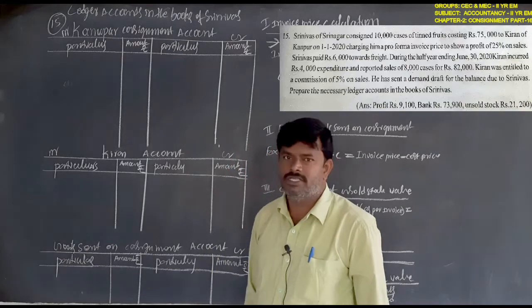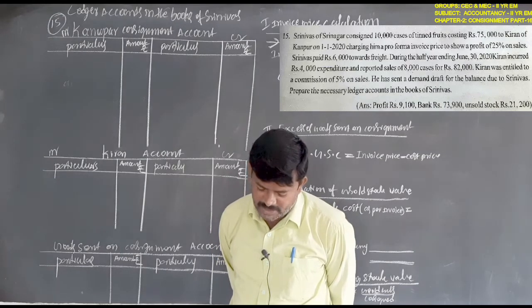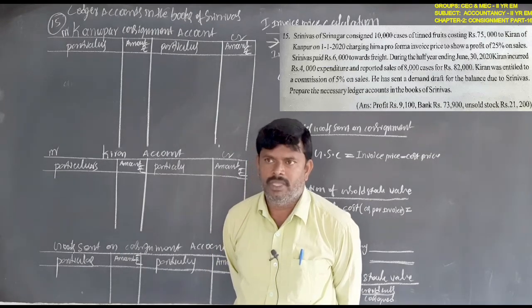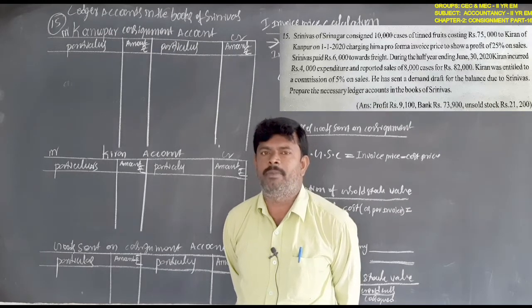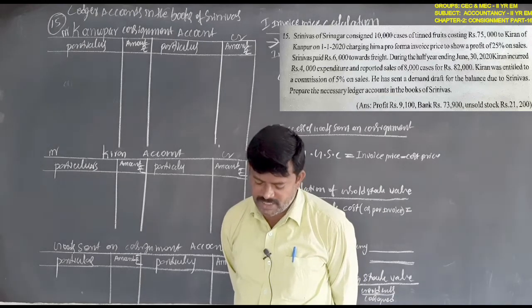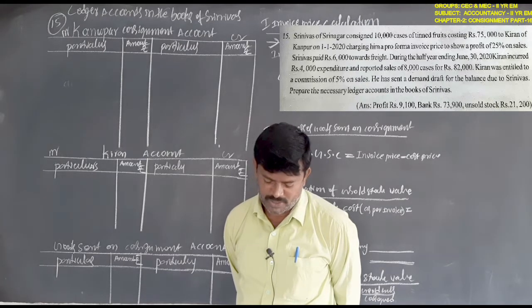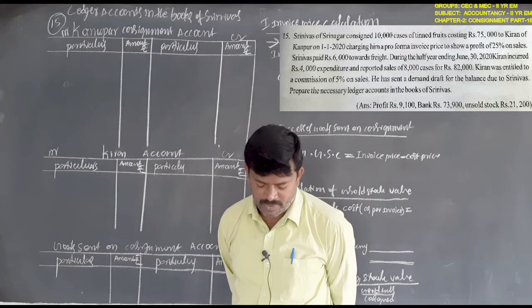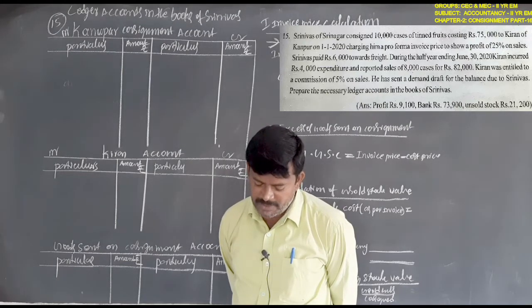Okay. Next, Srinivas is the consignor and Kiran is the consignee. Kiran's native place is Kanpur, so it is the Kanpur consignment account. The cost is 75,000 rupees but invoiced at 25% on sales price, so we will calculate that later. Next, Srinivas paid 6,000 rupees toward freight.